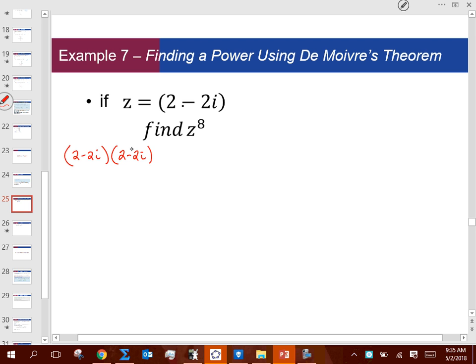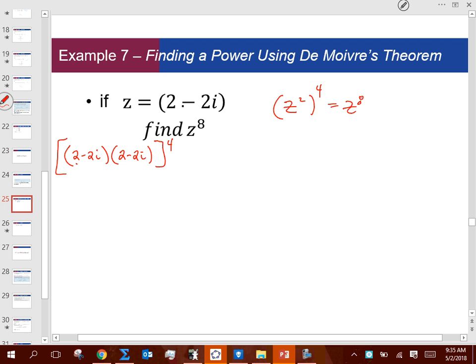Now, I'm going to try to be intelligent about this. If I take z squared, and I raise that to what power is the same as z to the 8th? Should be the 4th power, right? So if I wanted to do this in rectangular form, let's first figure out what z squared looks like, and then we'll raise that to the 4th power. So what is 2 minus 2i times 2 minus 2i?